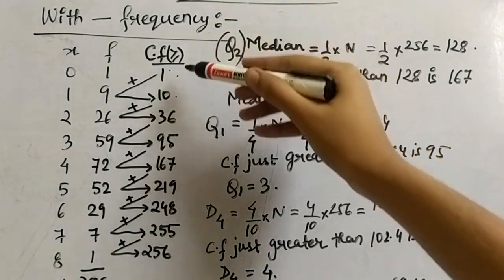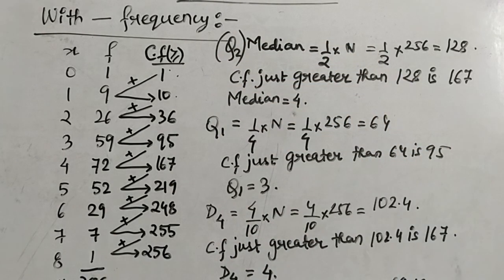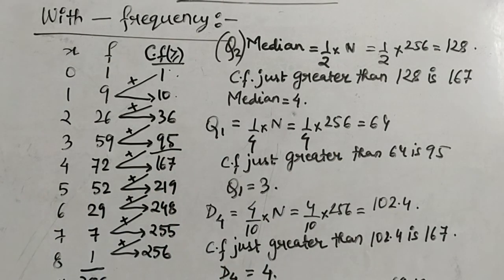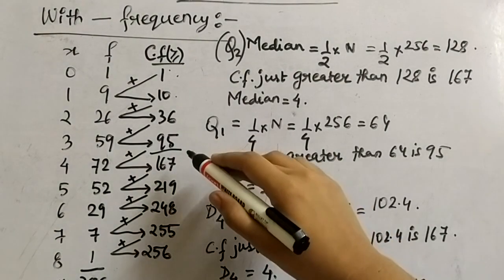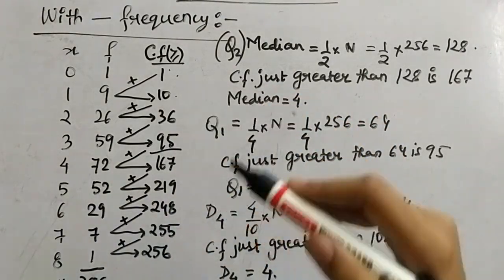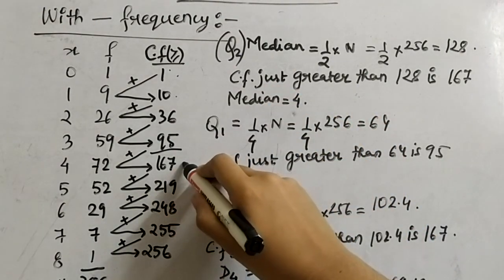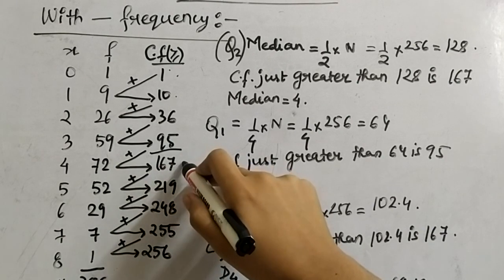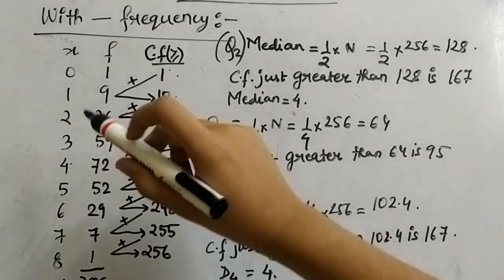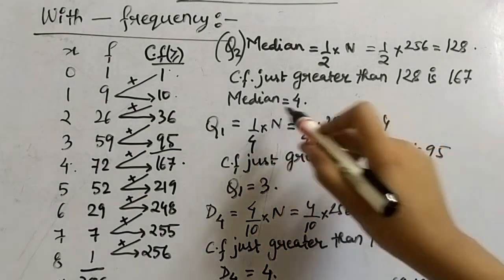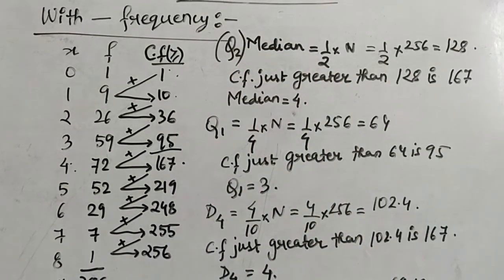Now see where the 128 lies in this data. 128 lies over here. You need to take the cumulative frequency of greater than type values greater than 128, which is 167. So the quartile would not be 167, it would be the value of x itself. Here the value of x is 4. So quartile number 2 would be 4.